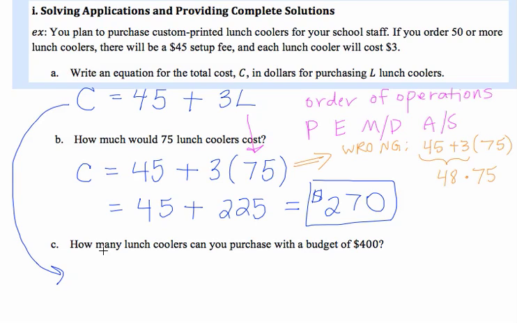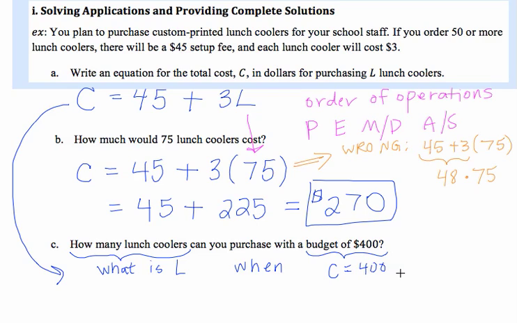But what we can do is we can take this equation that relates the cost to the number of lunch boxes, and we are asking how many lunch coolers. That means what is L. How many lunch coolers, we can translate that to mean what is capital L. With a budget of $400, that means your cost that you can spend, C, is $400.